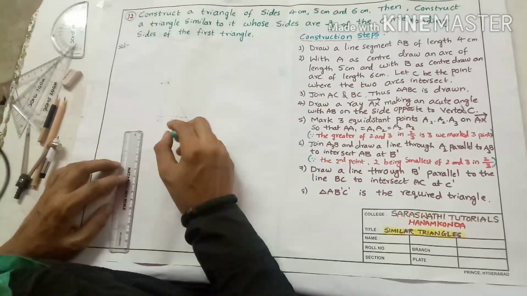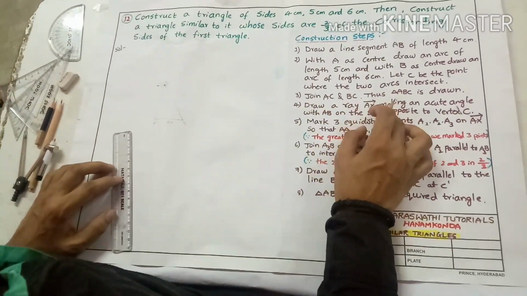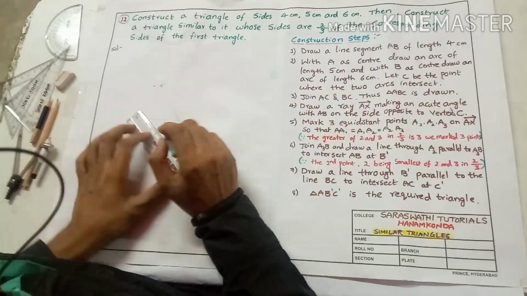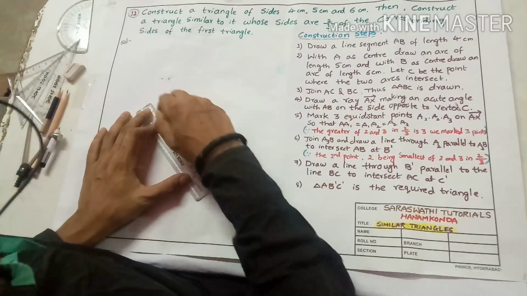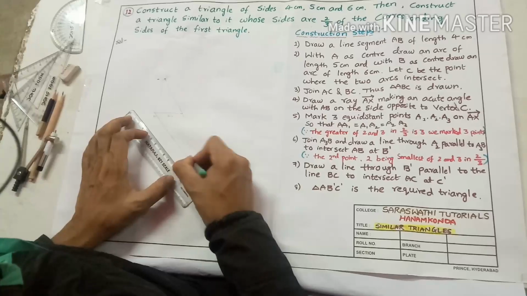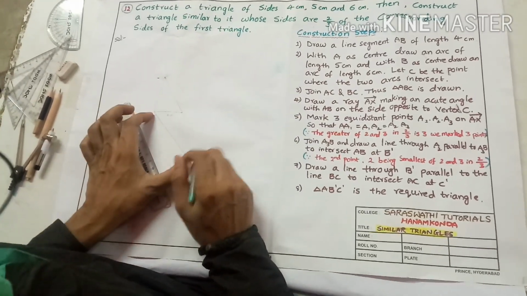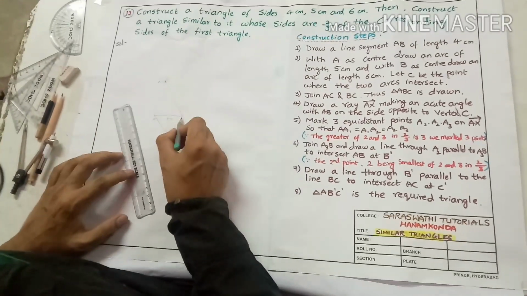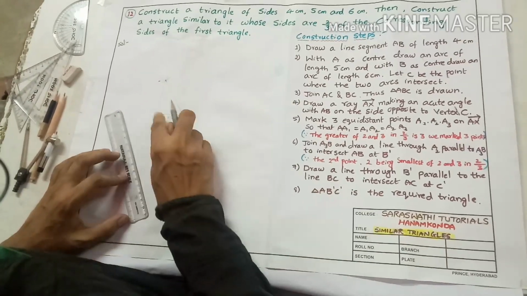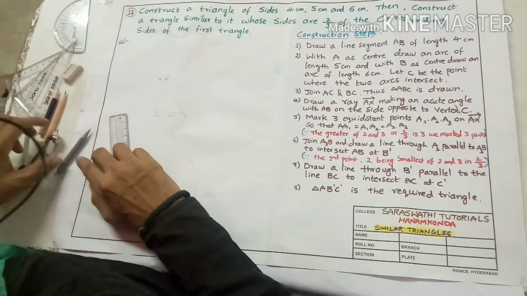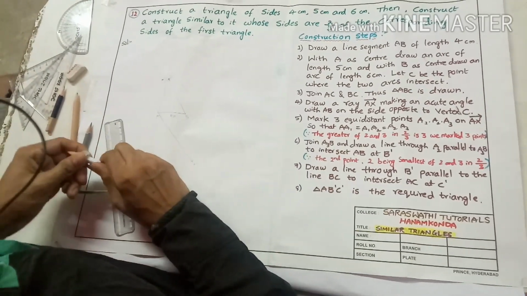Now draw a ray AX from A, making an acute angle with AB. That means angle BAX is less than 90 degrees.